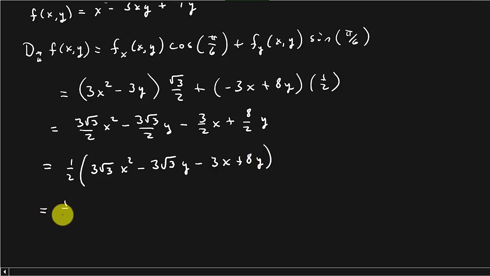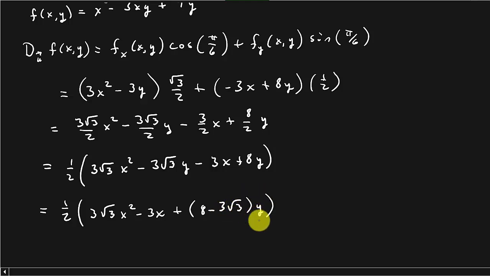And so that's going to give us 1/2 times 3 square root of 3 x squared minus 3x. And then we've got what? Let's do plus 8 minus 3 square root of 3 times y. So I grouped the x terms together right here.